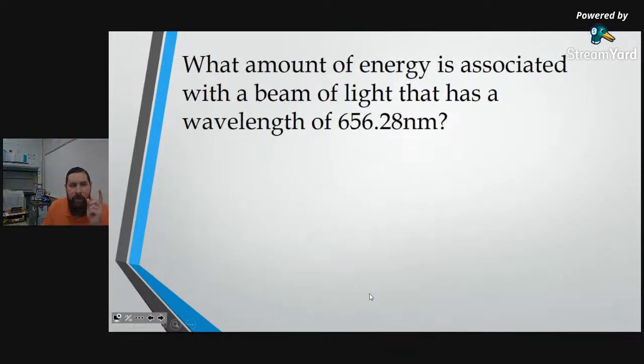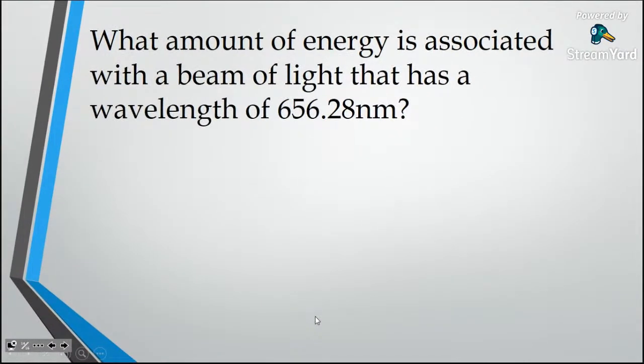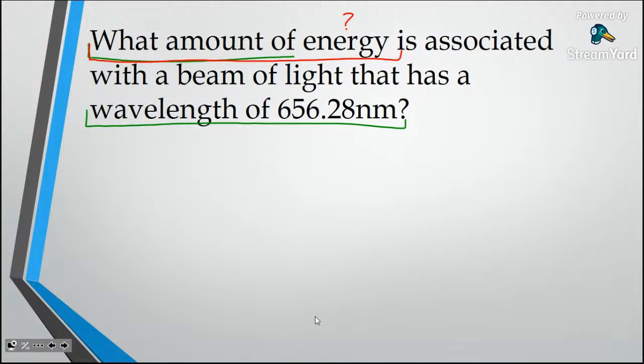So let's take a look at this problem. It asks what amount of energy is associated with a beam of light that has a wavelength of 656.28 nanometers. So again, energy is the question.